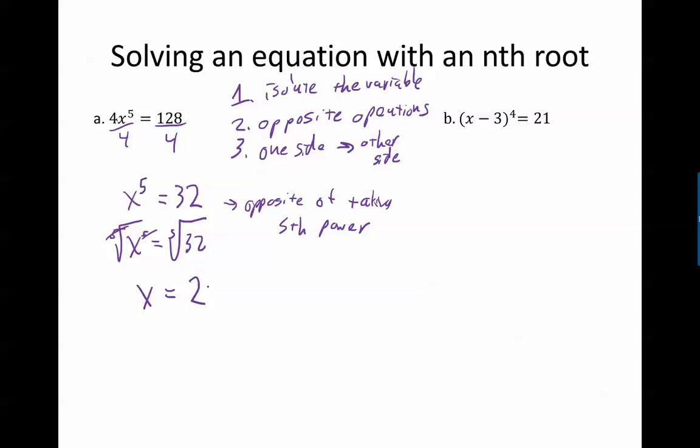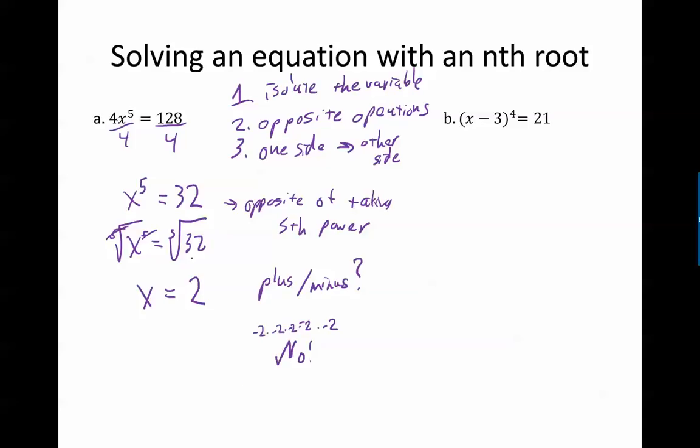And we do have to ask ourselves, is this plus or minus? Is the negative solution also a possible solution to this? And so we got to think, does negative 2 times negative 2 times negative 2 times negative 2 times negative 2 equal positive 32? And you'll notice 1, 2, 3, 4, 5 negative signs, so no, it is not plus or minus.